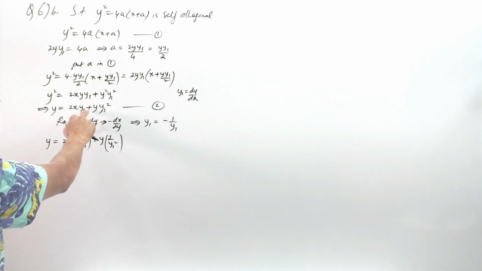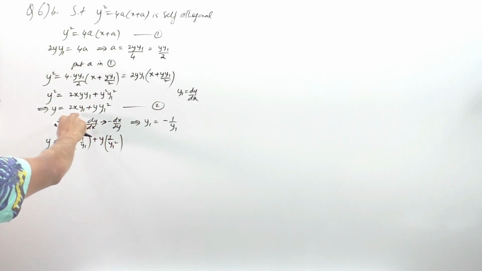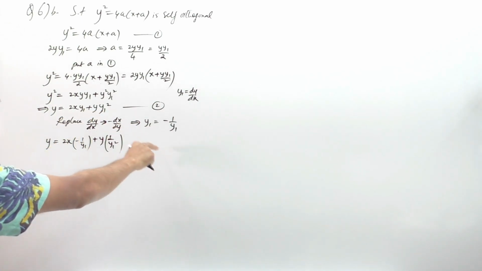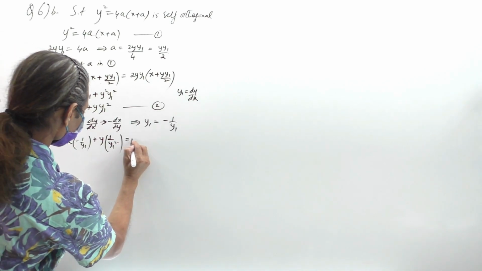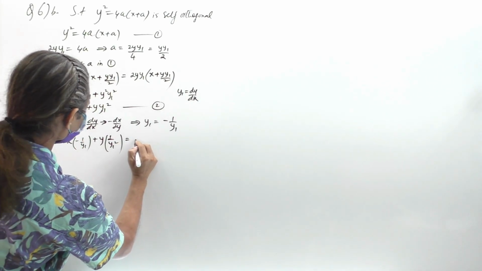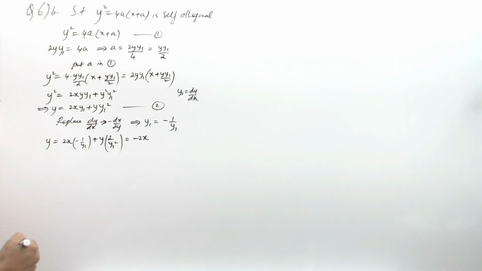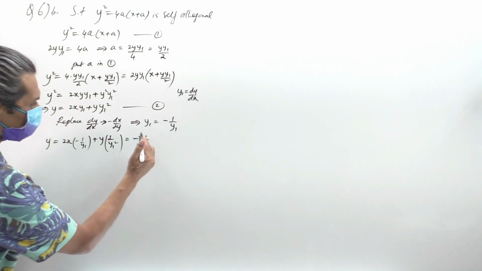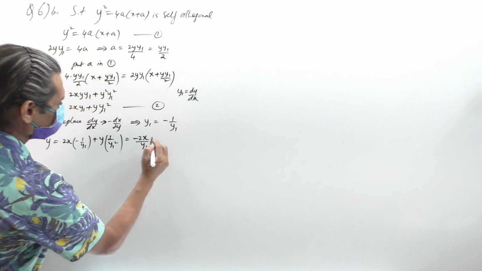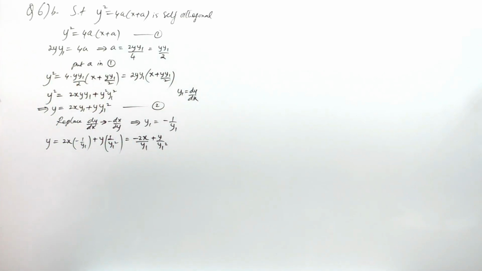So y is equal to 2x into, in place of y1 I put minus 1 by y1, and we have y into y1 square. So this will be minus 2x by y1 plus y by y1 square, correct.